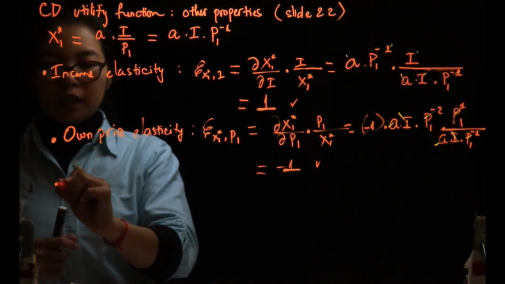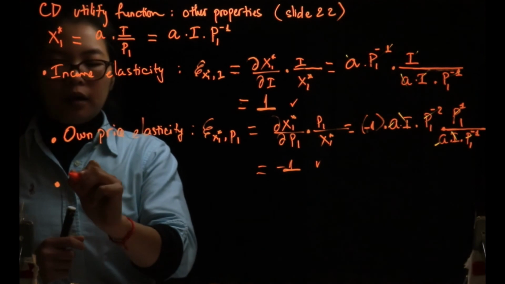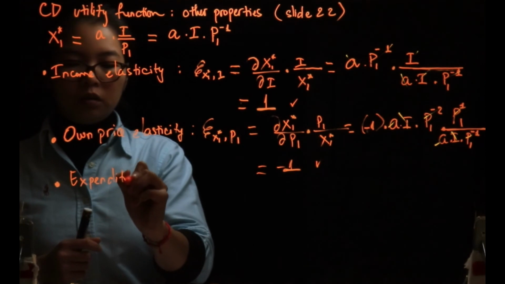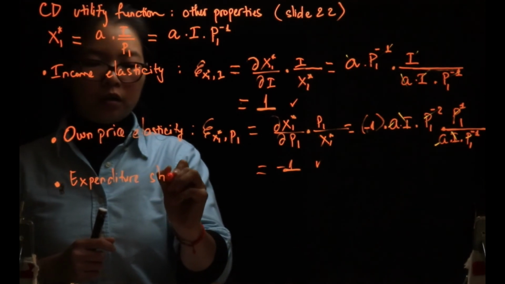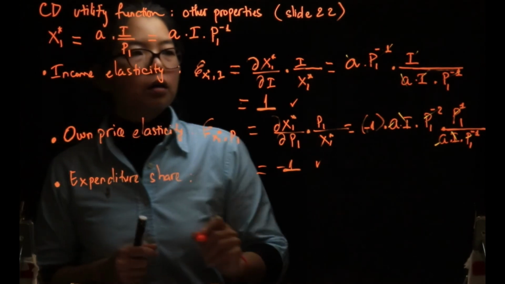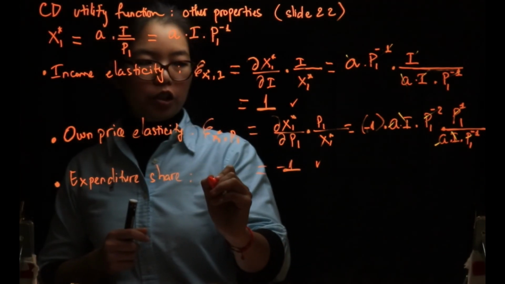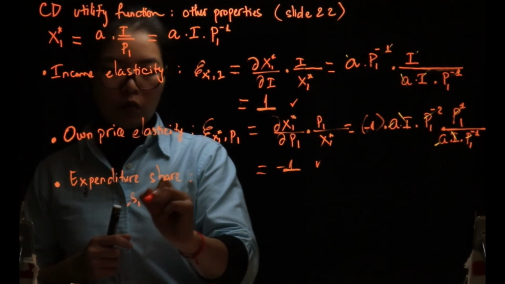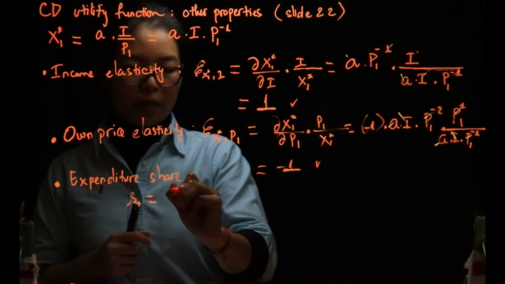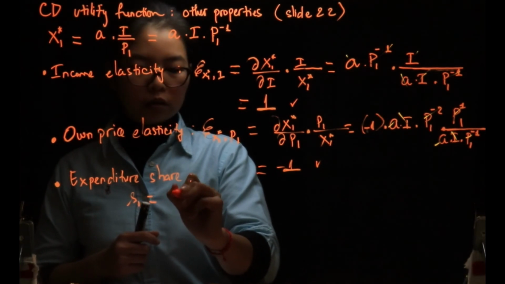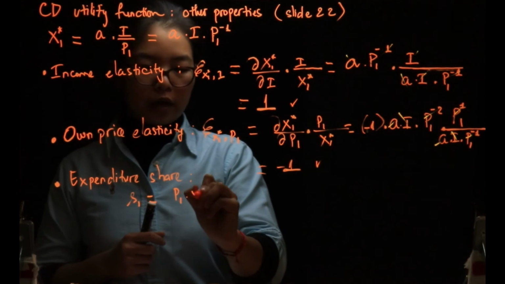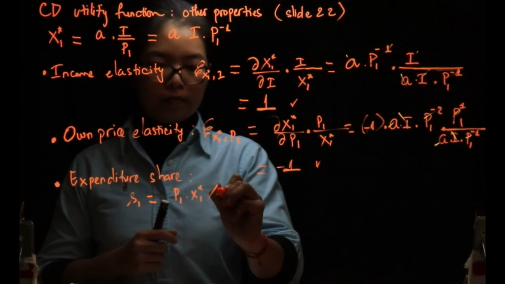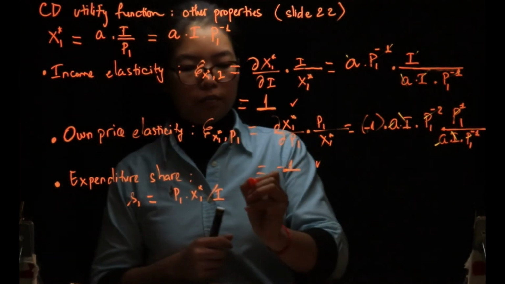So the third one is the expenditure share. So expenditure share by definition is denoted by small s1, which is the amount that you spend on X1, which is P1 times X1 star, divided by your total income.